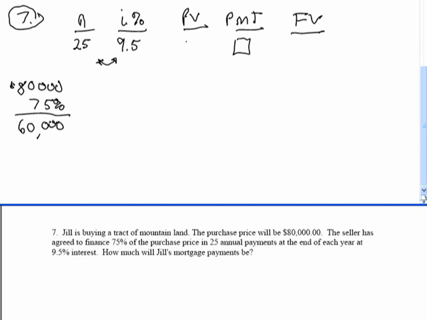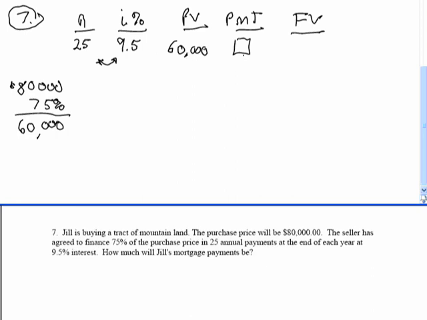So that's going to be the mortgage amount. And that's what we're going to plug into what? Present value or future value? Well, that's going to be the present value, right? And I'll leave it as a positive because that's money going into Jill's pocket to buy the property.